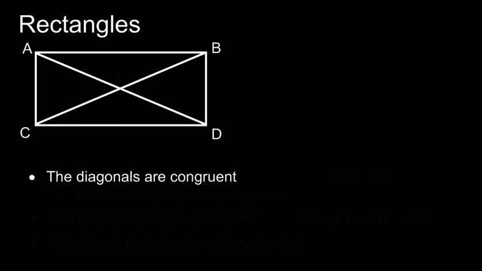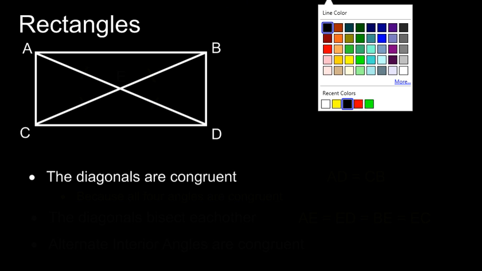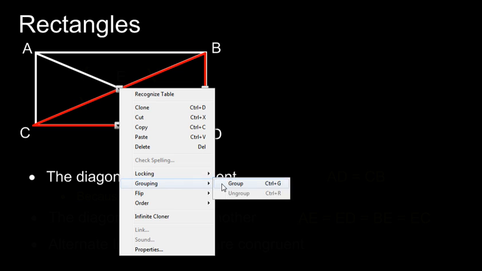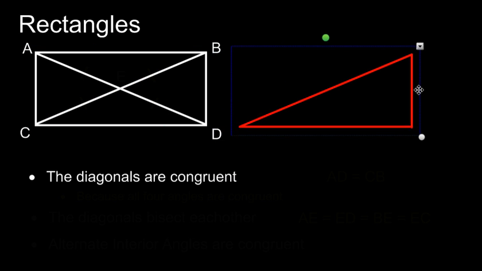And just like yesterday, we are going to go ahead and draw these triangles that we've kind of created with our diagonals. So we'll make triangle CBD. I need to go ahead and group that together. So there's triangle CBD.